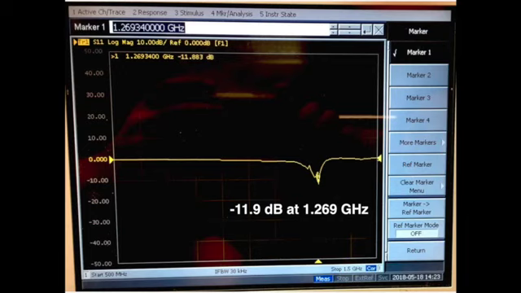Then I connected the network analyzer to the port of the first antenna, and the graph shown here is basically used to see the resonance frequencies of the cavity resonator. It is seen that at 1.27 GHz, it's minus 11.9 decibels, and the goal was to achieve something lower than minus 10 dB, and this is achieved in this case.